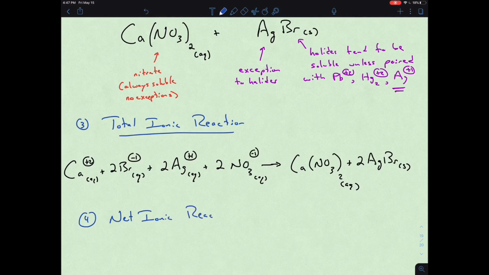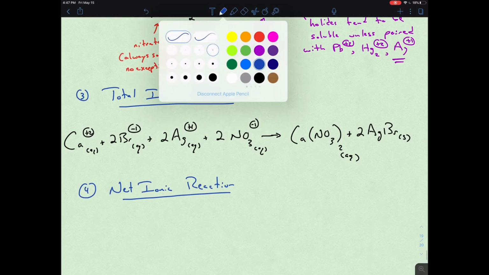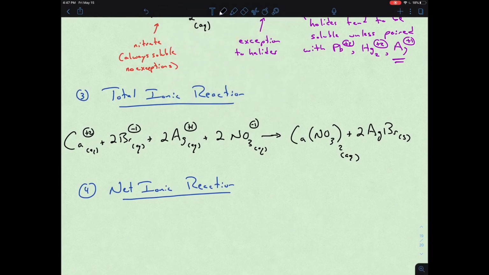so that allows us now to then write our net ionic reaction, which would just show those ions that are reacting, namely the silver, the bromide, to make silver bromide. And notice that we're just at the most simplest state here.